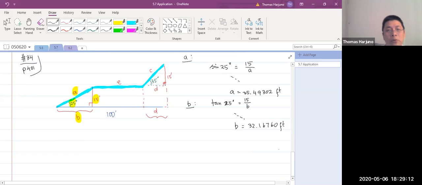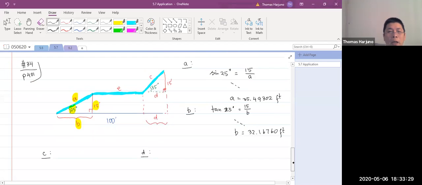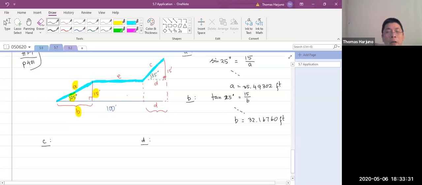Using the same procedure, let me ask you to find C and D. I give you maybe 4 minutes from here. Okay, let's start. C will be, that's a sine again.